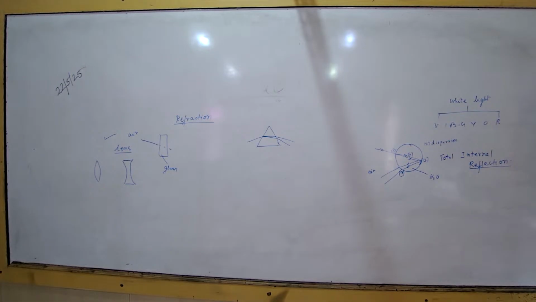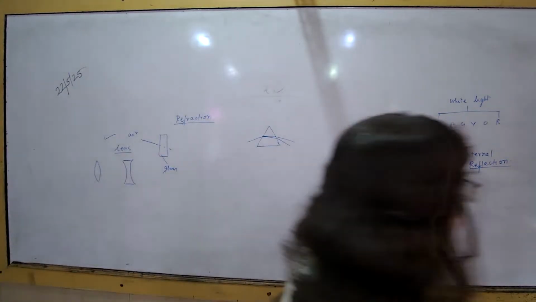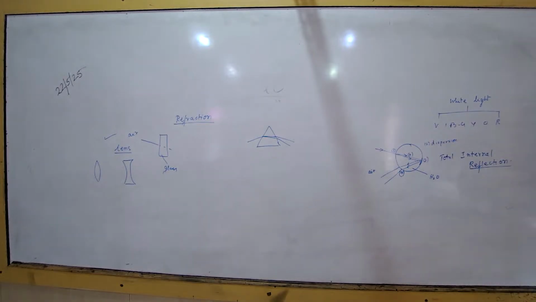Is that okay? So we will read the first part of it and try to understand whether you have understood all these different points. Ready with your pencil? Any light similar to that of sunlight is often referred to as white light.